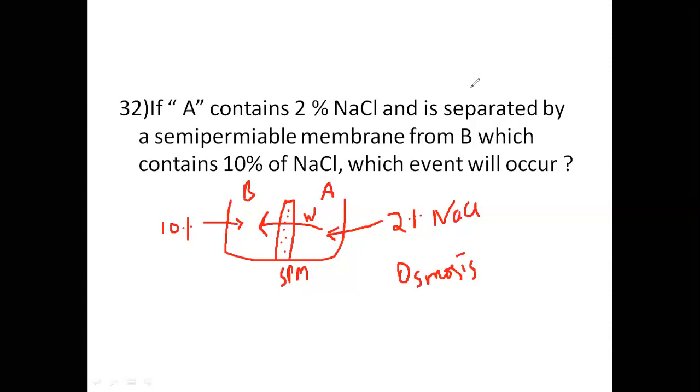Then K plus, again it is 4.5 only. Then Mg2 plus: it is 2 divided by 2, which becomes 1, because Mg2 plus has valency 2.